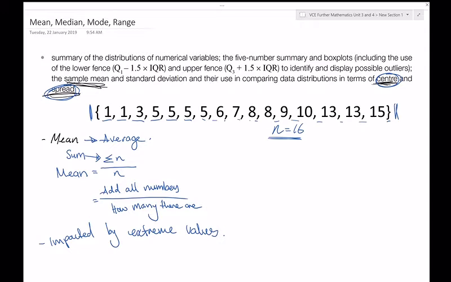So if you take the average income of these 10 students, because you have one really high income, your average income is going to be very high as well. And in that case, you can't say that on average, each student makes $1 million. It doesn't work like that.